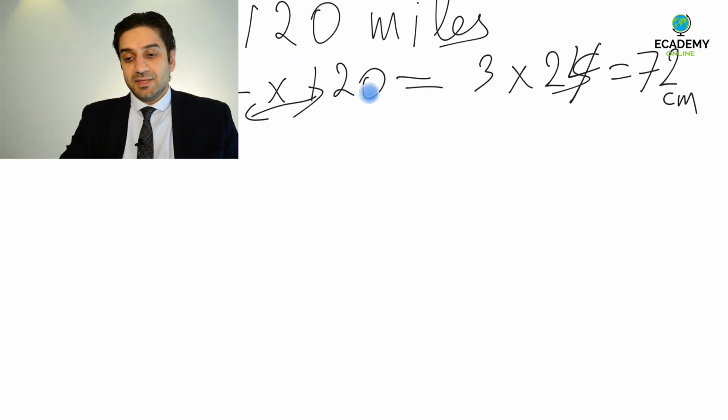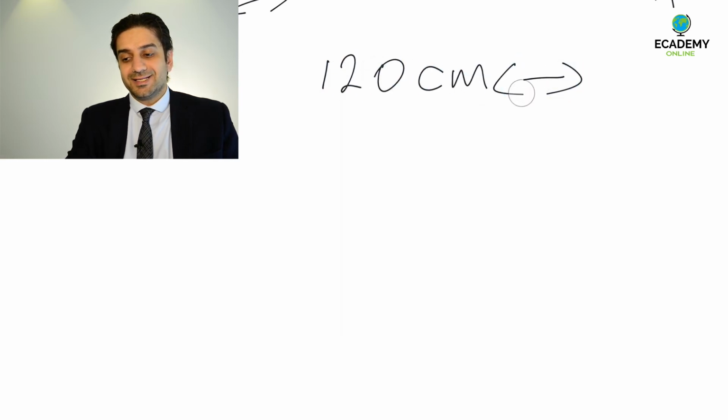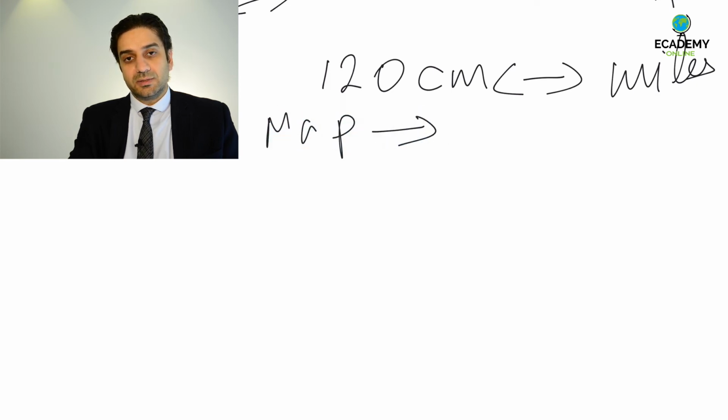I can do the same thing if I had something on the map. Let's say I had something that is 120 centimeters and I wanted to find out the exact distance in miles. In this case, I'm converting back from the map to the world.